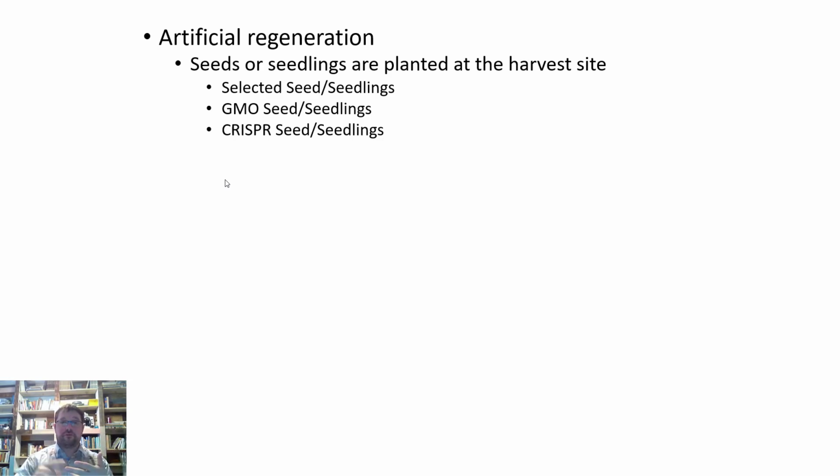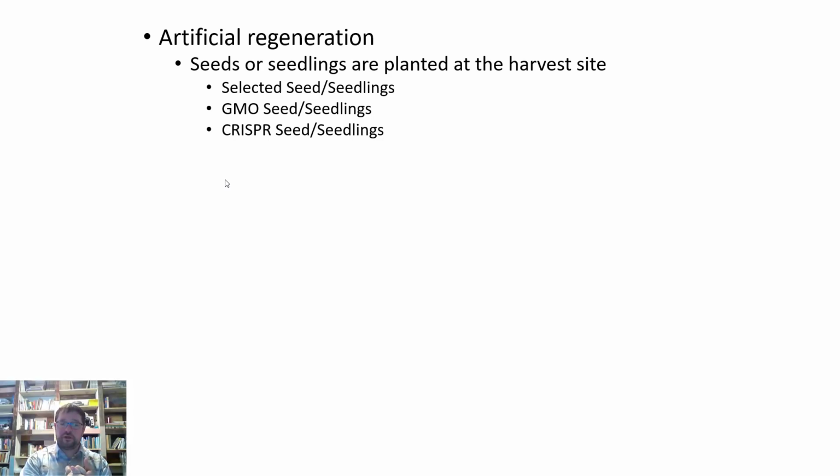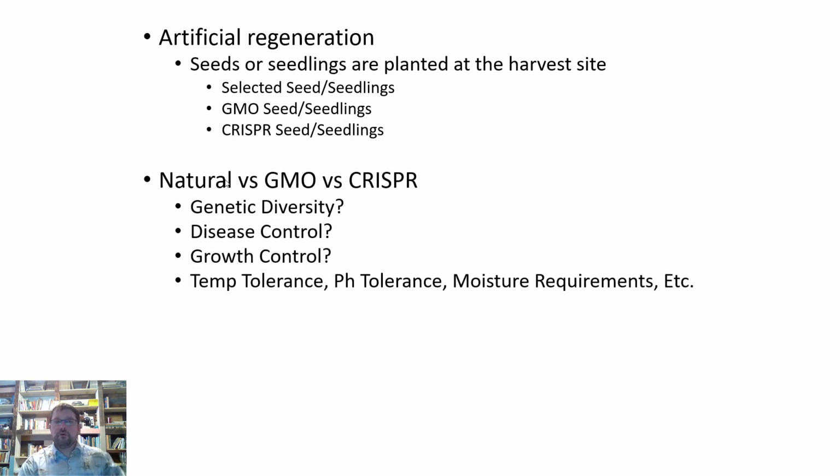Natural ones that have been harvested from the environment, where the exact species of tree, everything like that, is known, and you can apply those to the landscape. GMOs where they've been genetically modified, or CRISPR where the seeds or seedlings have been modified with a CRISPR technique.